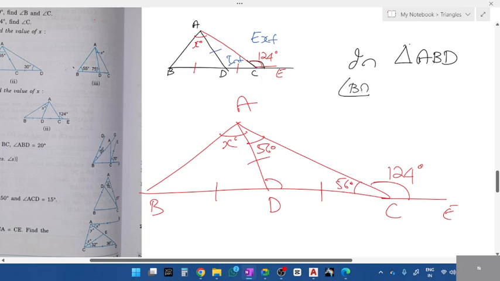Okay. BAD should be equal to which one? If angle BAD is x degrees, what about angle B? What do you have to take it as? X and X, right? Both you take it as X and solve.